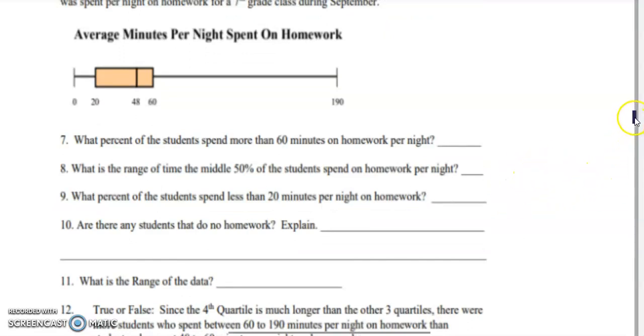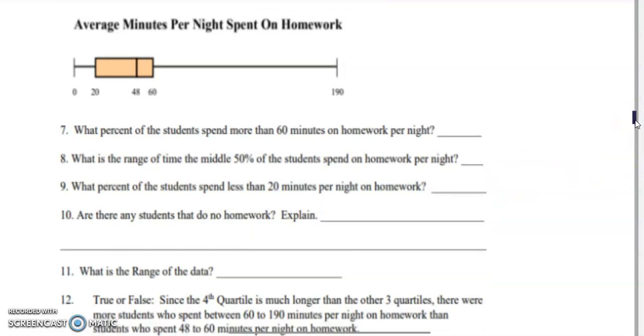Maybe they polled a whole high school, or they just talked to a random handful of students from a class. Okay, so let's see what the graph tells us without even going into the table.